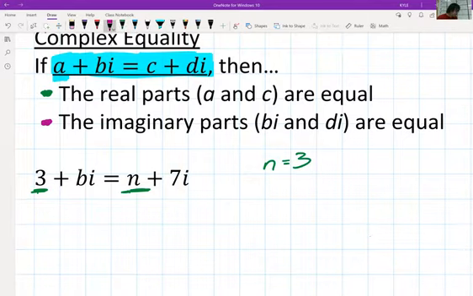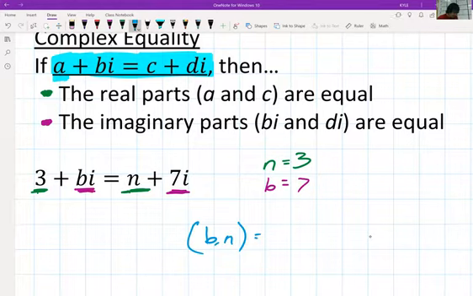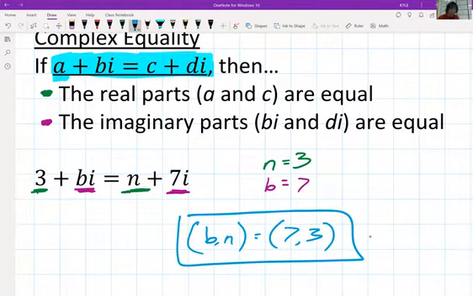We also know that the imaginary parts must be the same. bi has to equal 7i, which means b has to equal 7. So our final answer here, we could say that b comma n equals 7 comma 3. Those are the two values for b and n that would make these two complex numbers equal to one another. So real parts have to match and imaginary parts have to match.